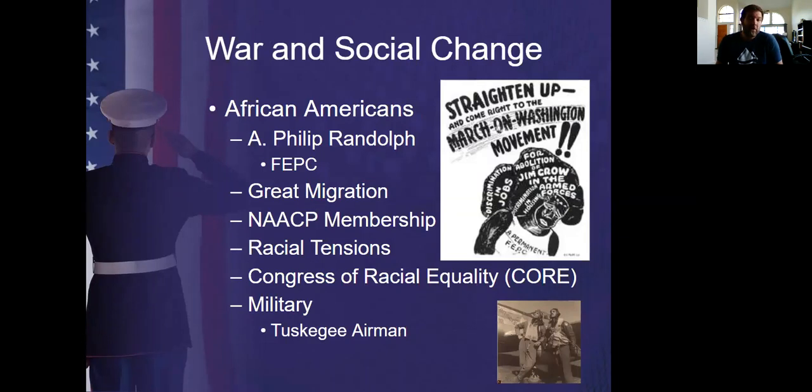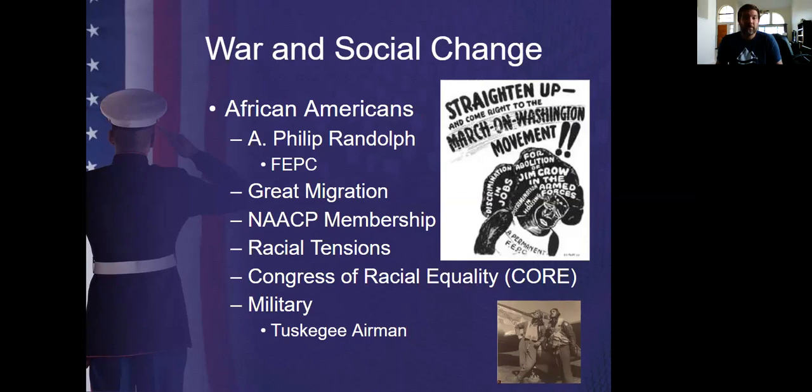The marriage rate grew steeply as men and women were hastily married, as men were sent off to the draft. And then you have some significant war and social change for specific demographic groups. And so for African Americans, there were many factors that helped improve their status.